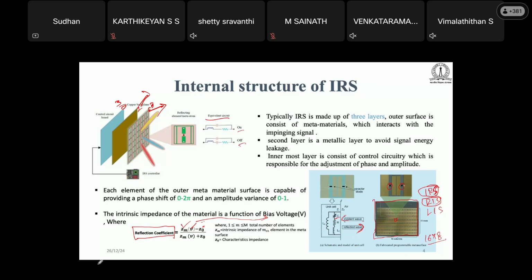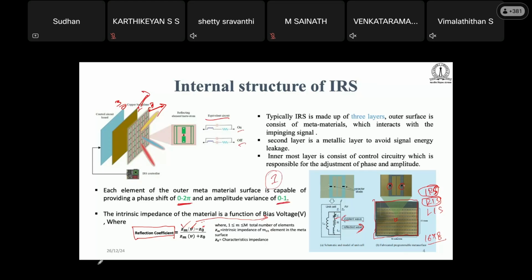The capability of changing this phase can vary from 0 to 2 pi, and amplitude varies from 0 to 1, but usually we use a constant 1. But this is for the passive IRS.